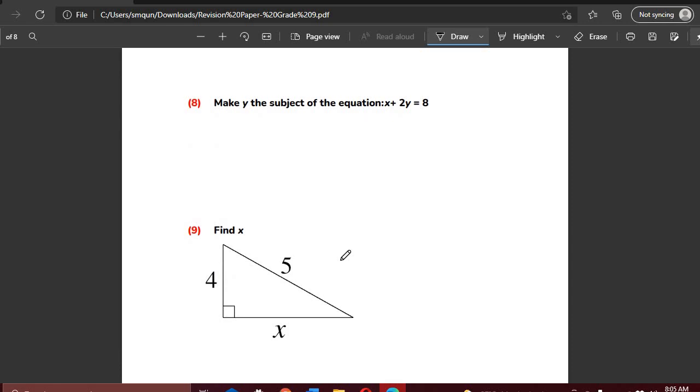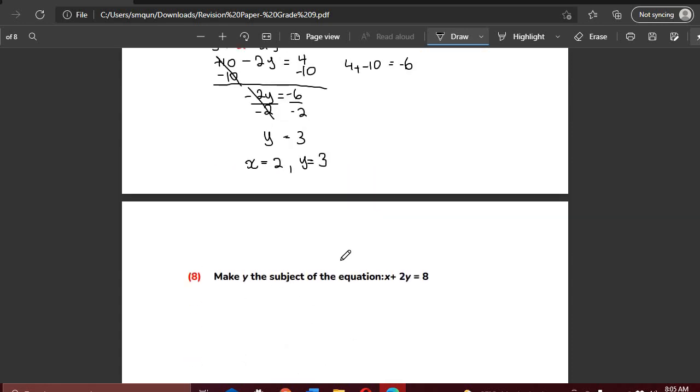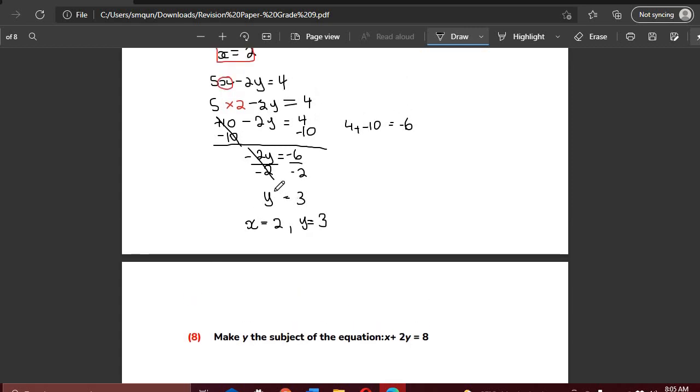It says make y the subject of the equation. Now, this is similar to when you're solving equations. The only difference is that we're not going to have a final answer that is a number. Like when we solved for y here, we got y is equal to 3. The answer that we get now is not going to be a number.